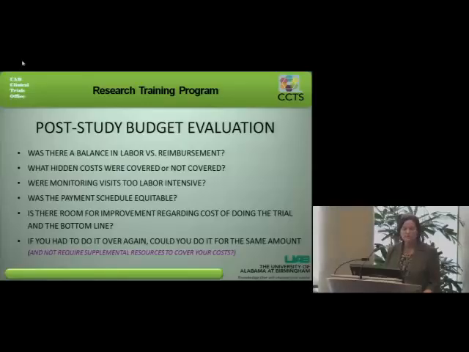Were the monitoring visits with this potential sponsor, or if they're using a CRO with this particular CRO, labor intensive, much more so than you had anticipated when you developed your budget? And then, was the payment schedule equitable? As you incurred your expenses, were you able to generate revenue to cover those expenses as they were incurred, or at least as much as possible?